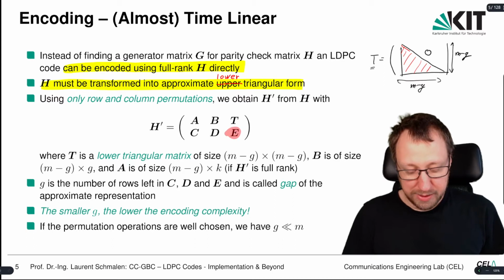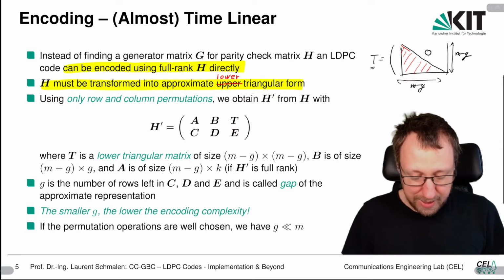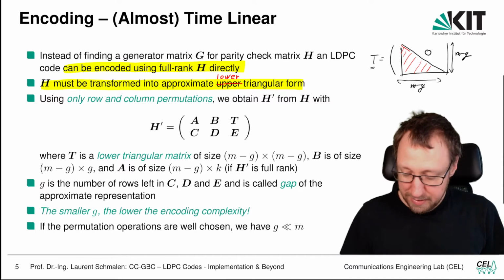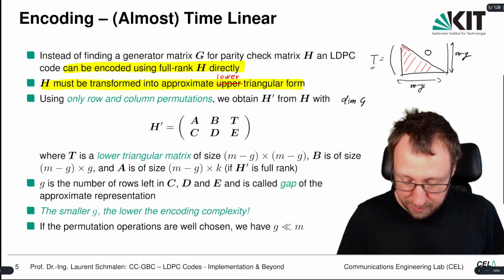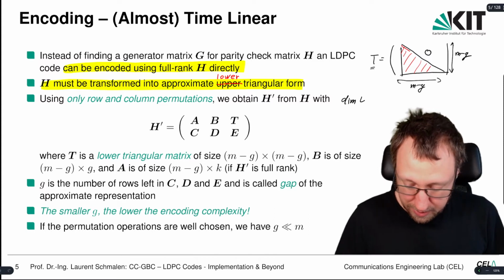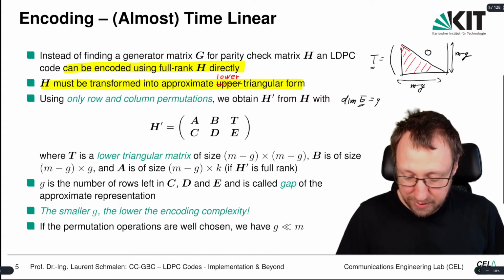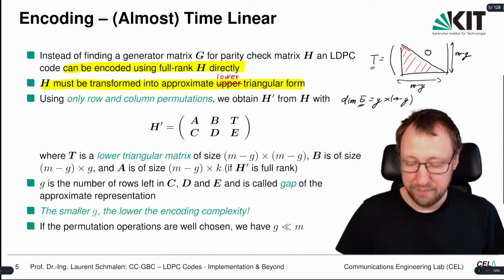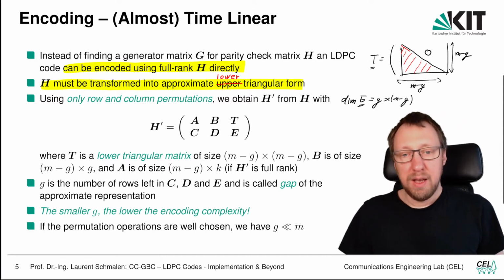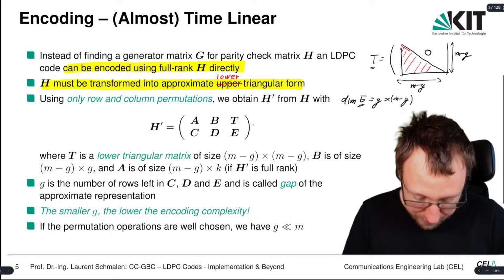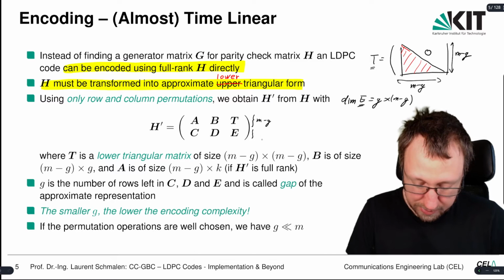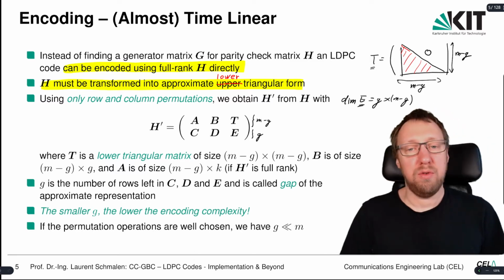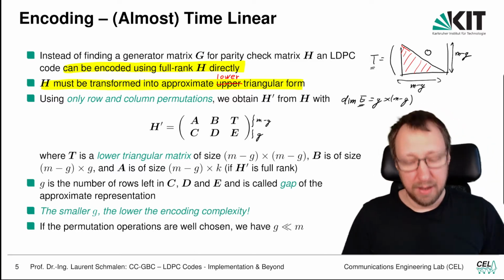Everything that doesn't fit into this, we put below. So we put the matrix E below. The matrix E is of size G times M minus G. Here we have M minus G rows and G rows below.